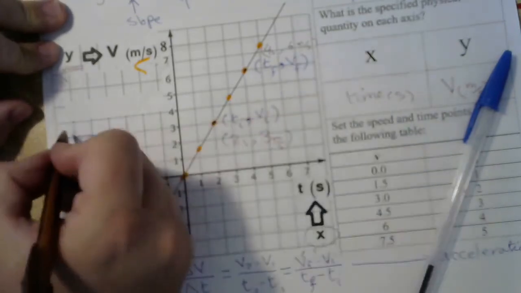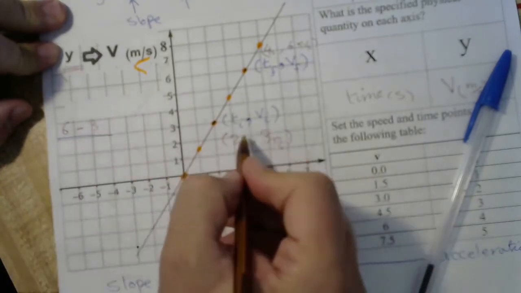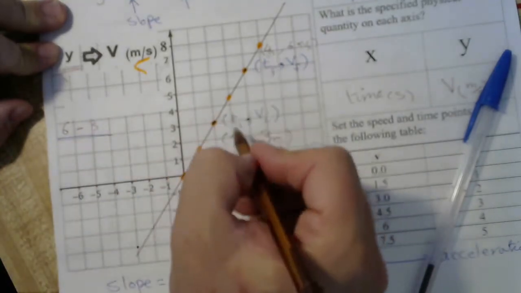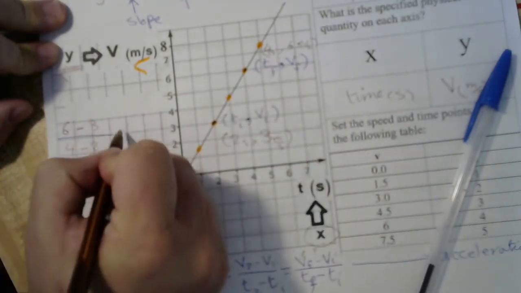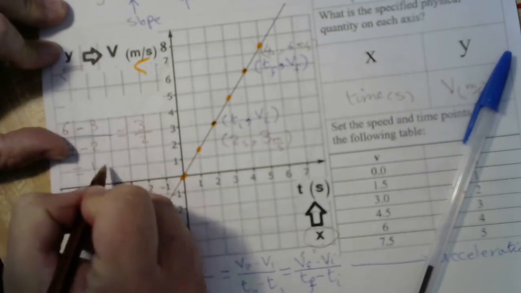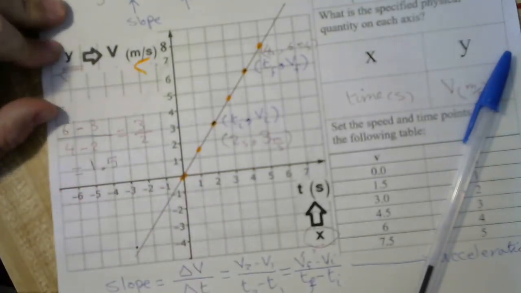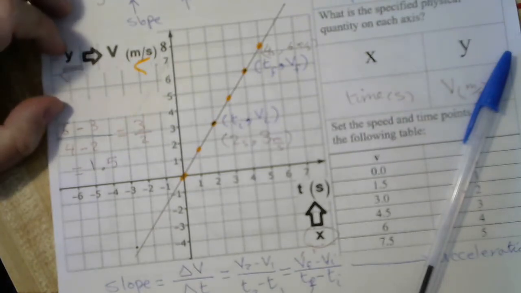V final 6 minus 3 divided by 4 minus 2, which is equal to 3 over 2, which is 1.5. What is the unit? Get back to the unit. The units for the velocity is meters per second. The units for the time is seconds.